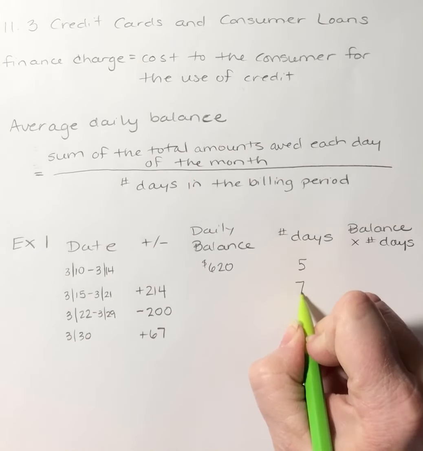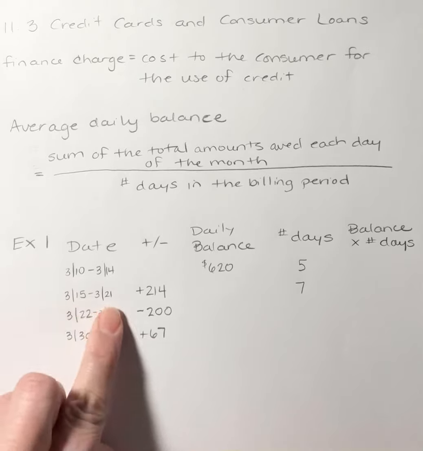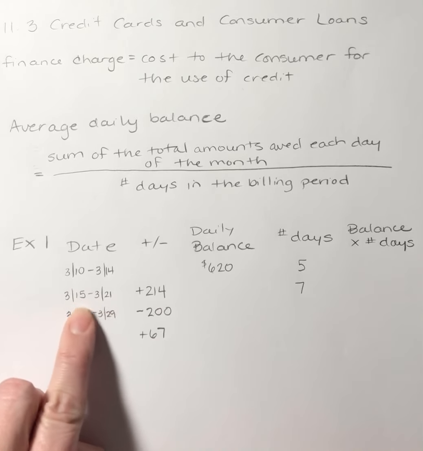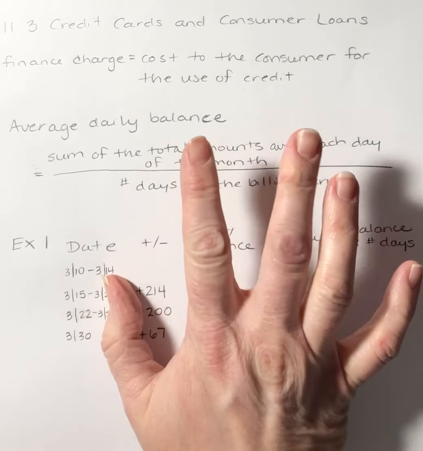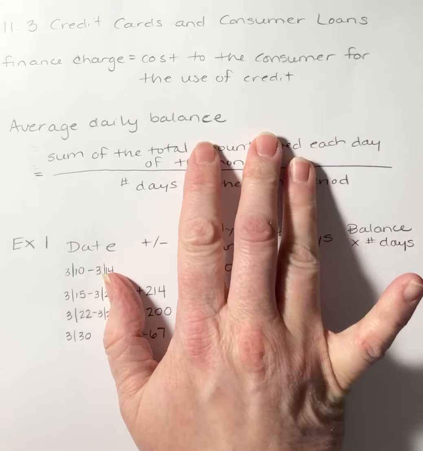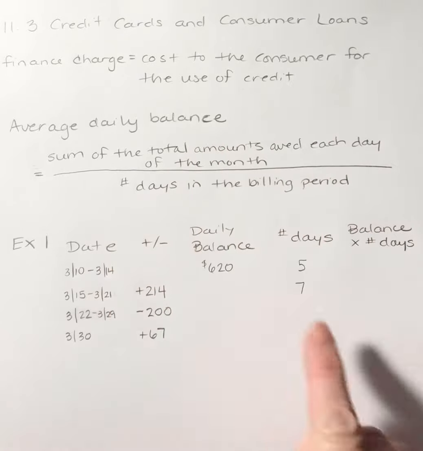Now what some of you are going to want to do is 21 minus 15 is 6. But when you're counting days, you have to add that extra day on. So we're counting again, 15, 16, 17, 18, 19, 20, 21, 7 days.